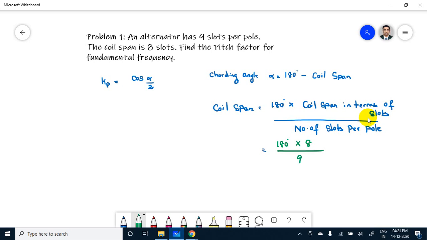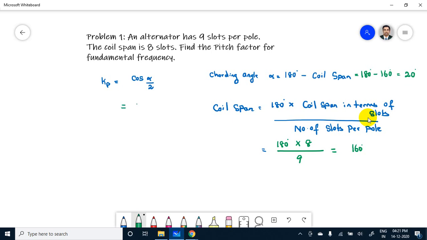Substitute. Please give me the answer. 160 degree. So 180 degree minus 160 degree, you get 20 degree. This is the coordinating angle, 20 degree.